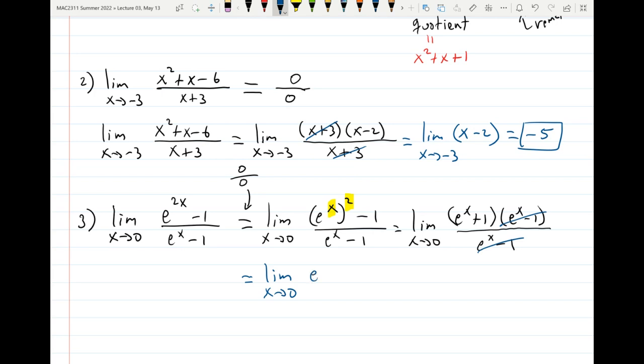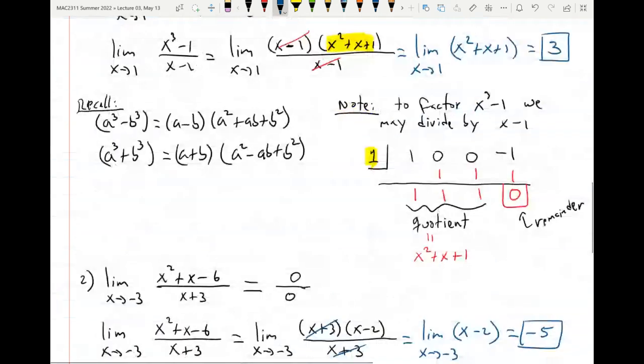But around 0 they will give you the same value. And now we just plug in, which would be e to the 0 plus 1, which is 1 plus 1, which is just 2. So notice how we can now compute these limits without having to graph and without having to do any table of values, nothing like that. Just doing algebra, okay?